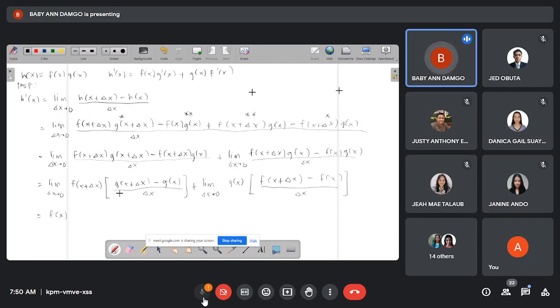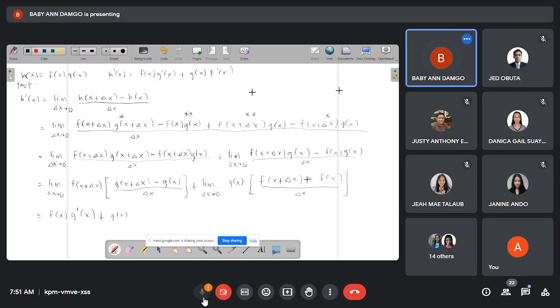Next, we take the limit of this. But please take note, if you notice, this is just the definition of the derivative of the function g. So this is g prime of x plus. Here we just copy g of x, since this is constant with respect to the change of x. So it is not affected. Okay?